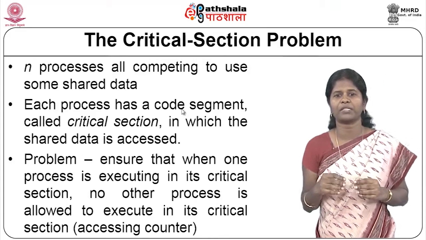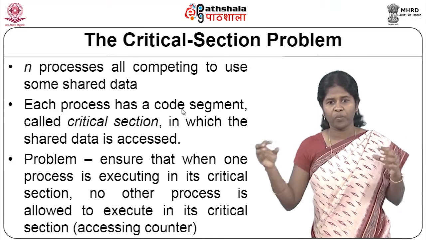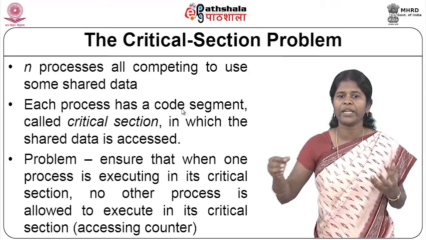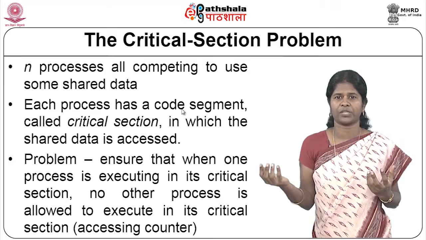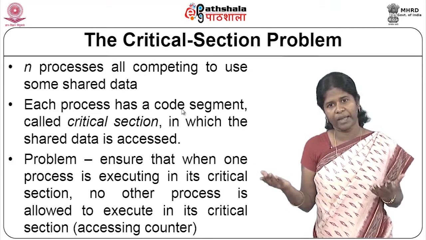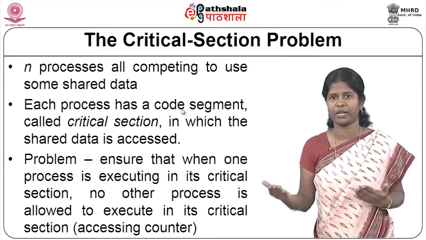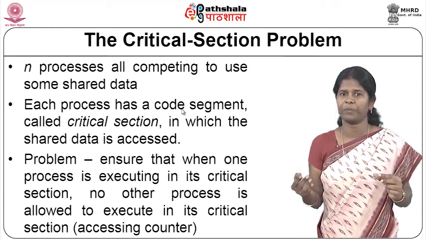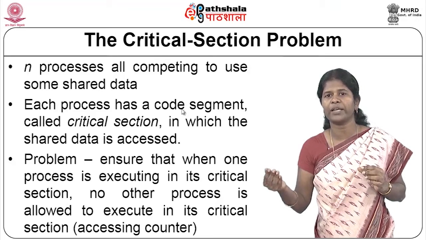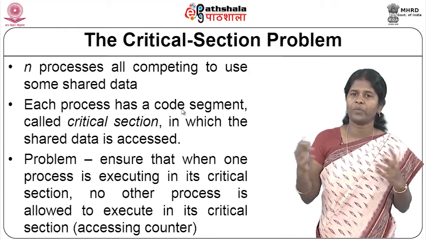The problem here is that you need to ensure that when one process is executing its critical section, no other process should be allowed to execute its critical section. Repeating with the same example, producer and consumer: when the producer is executing counter plus plus, the consumer should not execute counter minus minus, and vice versa.